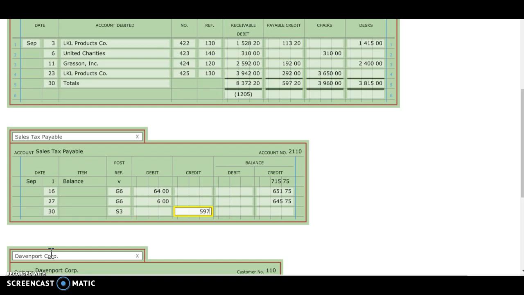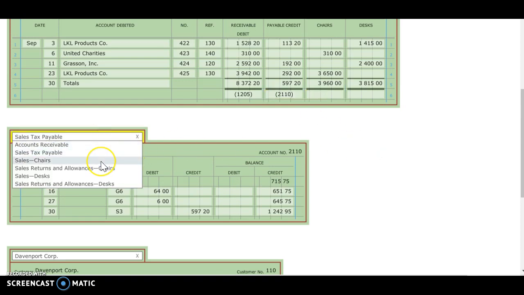This time we have a credit of $597.20. Our new balance then is going to be $1,242.95. And then account number goes back up. So 2110.